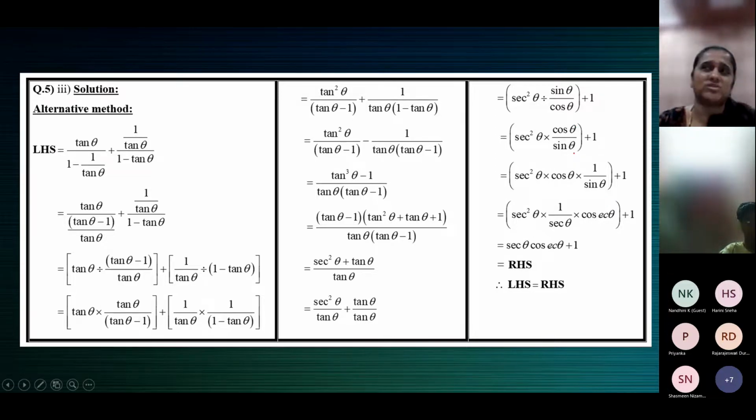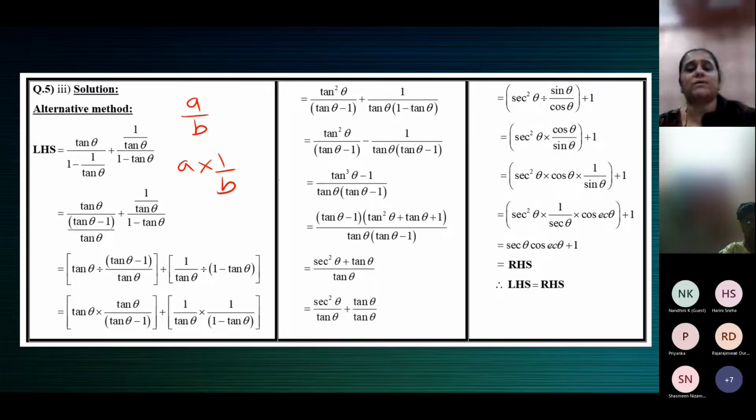See, you're just doing all this to separate things. That's all. Cos by sine is nothing but cos into 1 by sine, like a by b can be written as a into 1 by b. So similarly, I've written cos theta into 1 by sine theta plus 1.